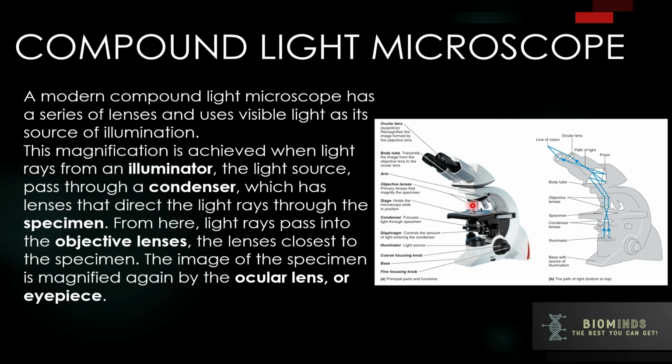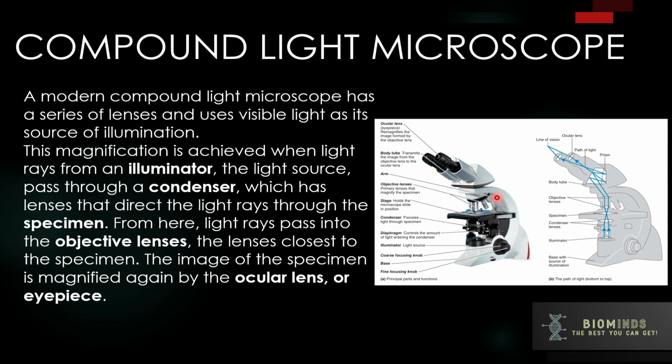Next we have the objective lens. Like the lens used in cameras, which focuses and captures images, this lens captures the image of the specimen, which means you can observe it.